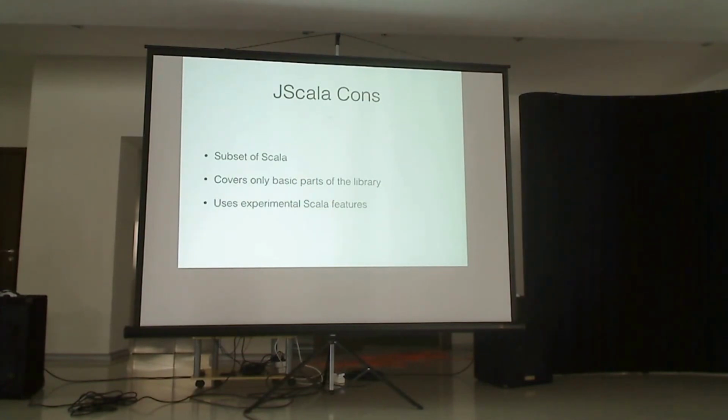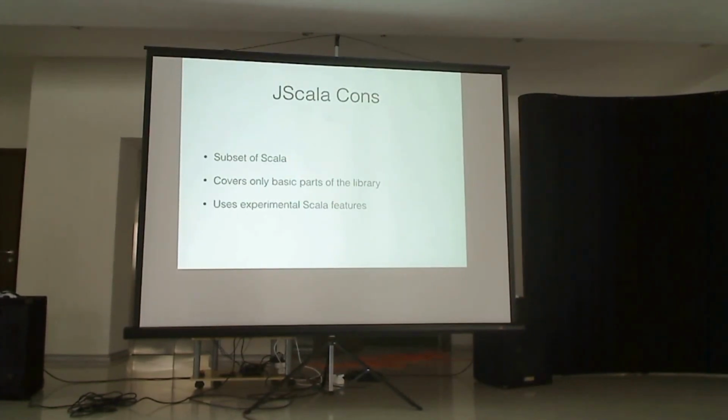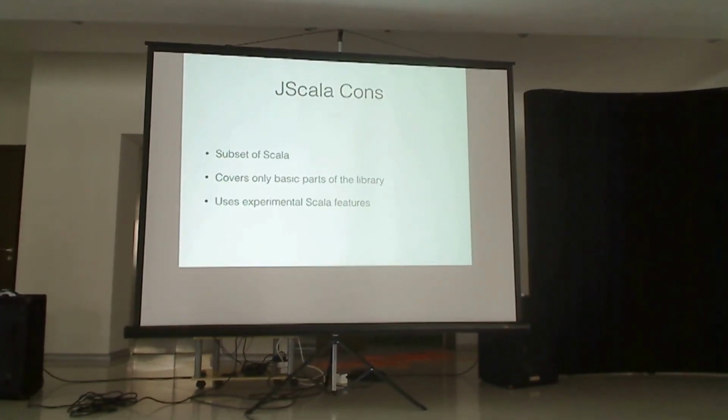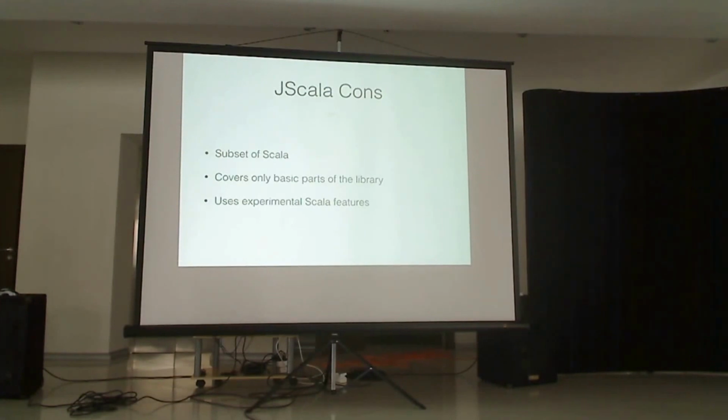So the cons of JScala. Currently, and probably anyway, it will support only a subset of Scala features as a language, because it's quite a complicated task to translate all the possible Scala trees into JavaScript.